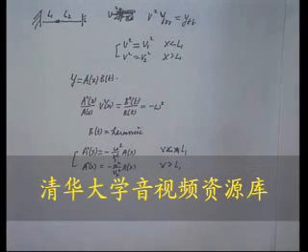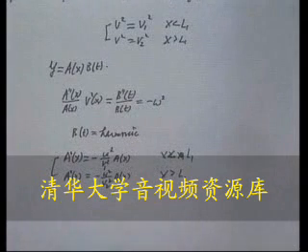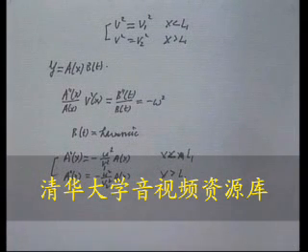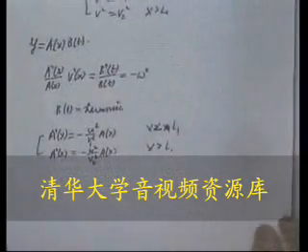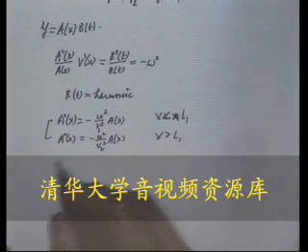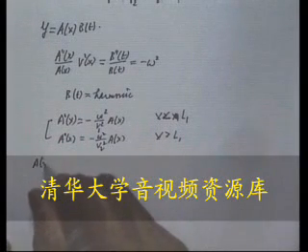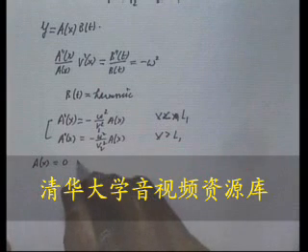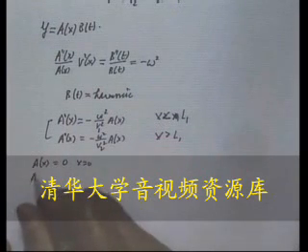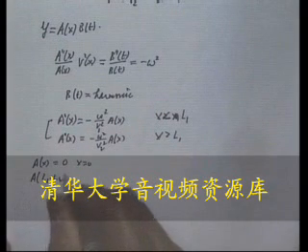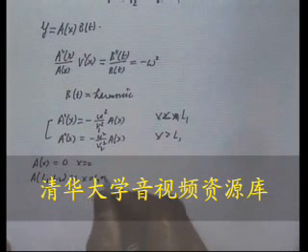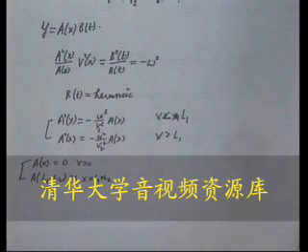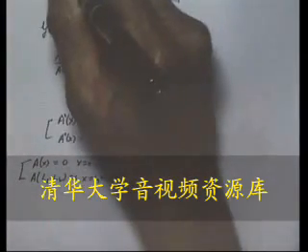For the two regions, we have two different equations. And we also have the boundary condition that A of x is equal to 0 for x equal to 0, and A at L1 plus L2 is equal to 0 for x equal to L1 plus L2, because the string is fixed at these two points.